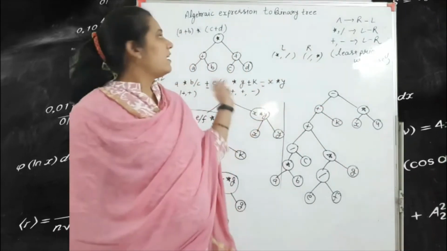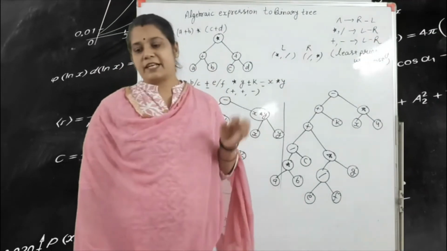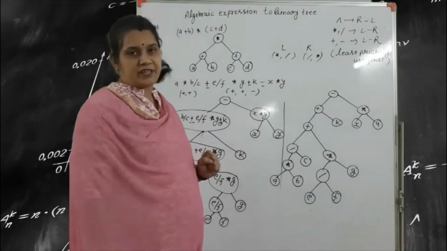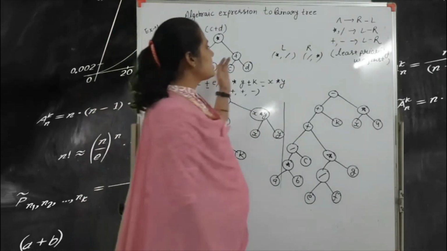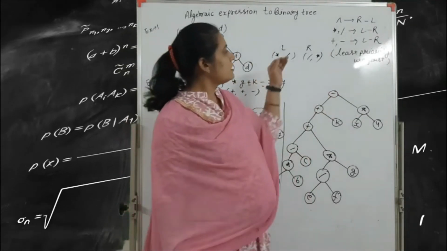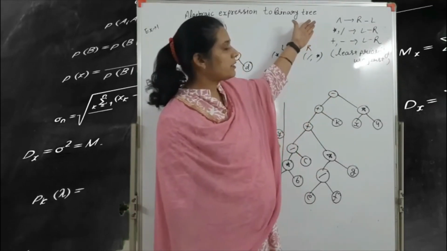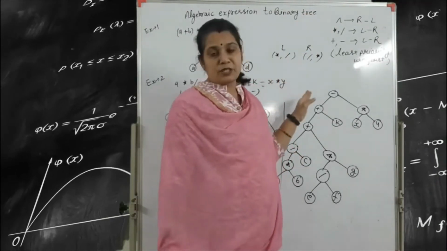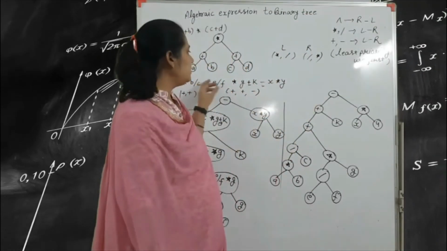So this is the example of converting the algebraic expression into the binary tree. Okay, so this is very important according to your GTU syllabus, because these 3 points are very important, because sometimes you are confused if the same expressions are included in your question.